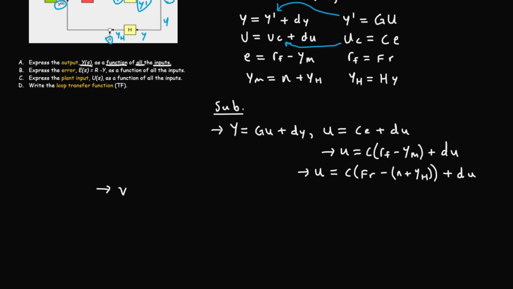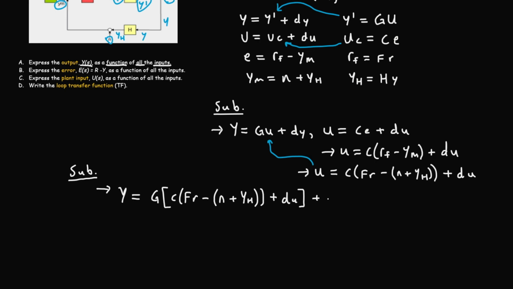So for instance, this is going to be Y equals G times our expression of U. So again, we're substituting in this new expression of U. So this is going to be G times C times FR minus parentheses N plus YH, close parentheses, plus DU, and then plus the dy.